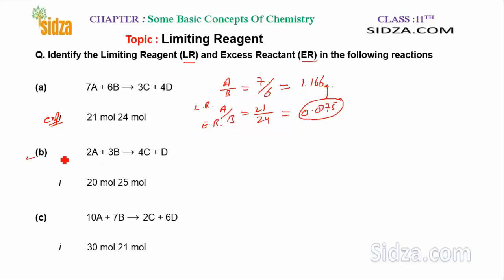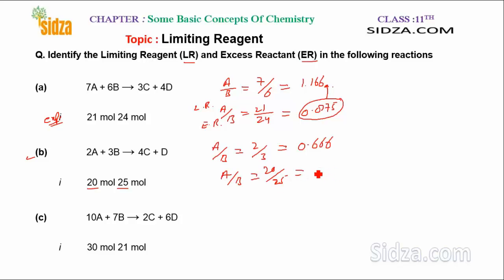So from the second equation, we look here, A and B react in the ratio A by B, which here is 2/3. This is the balanced equation ratio. Okay, the balanced equation ratio is 2/3, which is equal to 0.666. And the experimental ratio here is, when you mix 20 moles of A with 25 moles of B, 20/25.